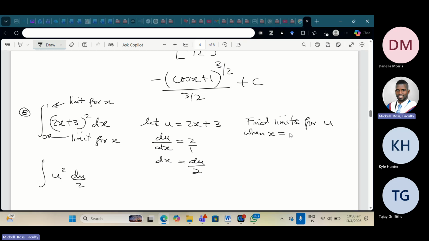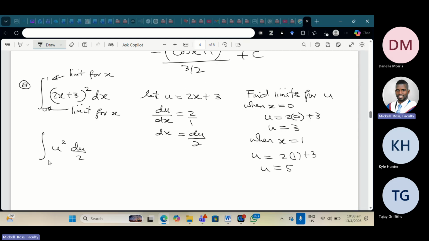So when x is equal to 0, u is going to be equal to 2 times 0 plus 3, so u is equal to 3. And when x is equal to 1, u is going to be equal to 2 times 1 plus 3, so u is equal to 5. These are now your limits for u. So we're going from 3 to 5. Factor out a half.